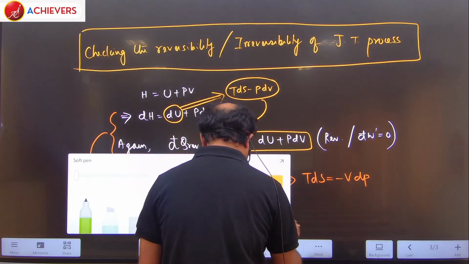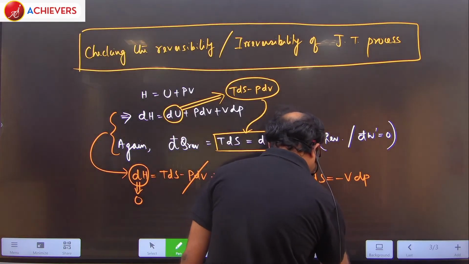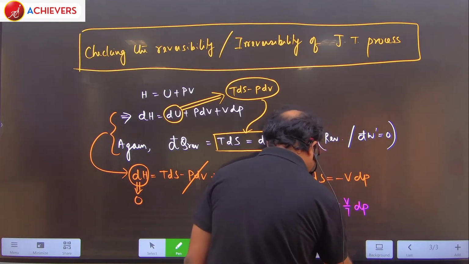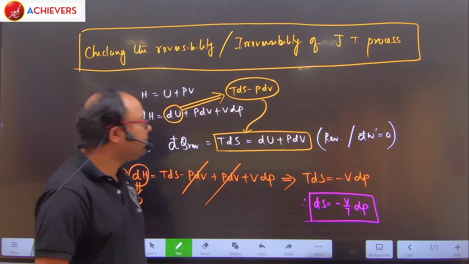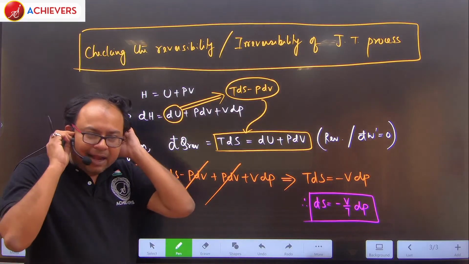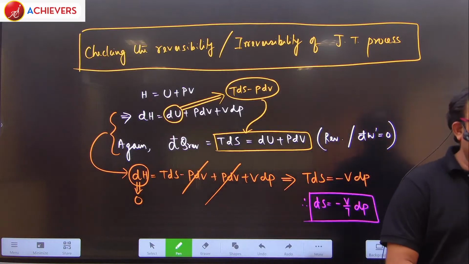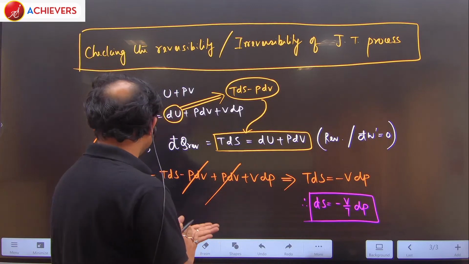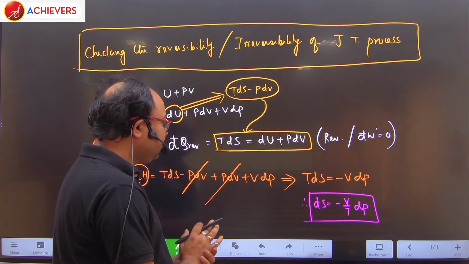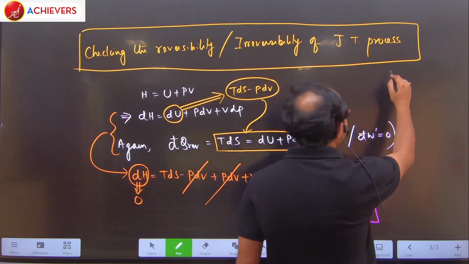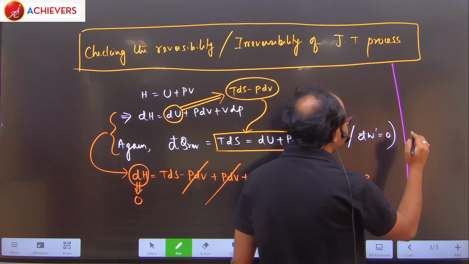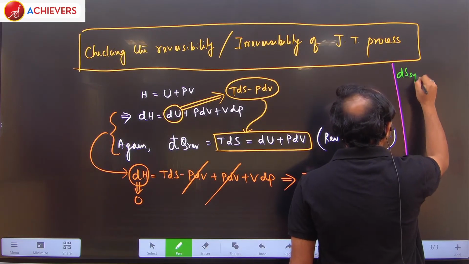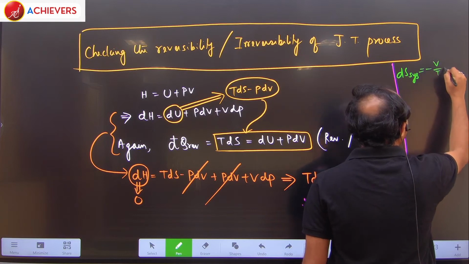So that makes dS equal to minus V by T dP. So that value of dS becomes minus V by T dP. Now you see, this is dS system.